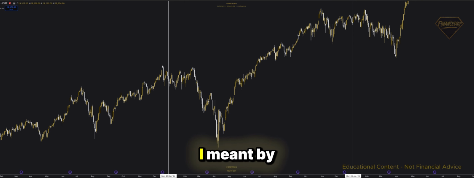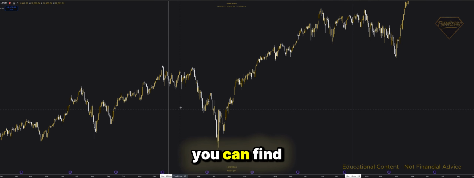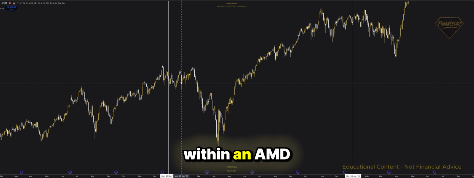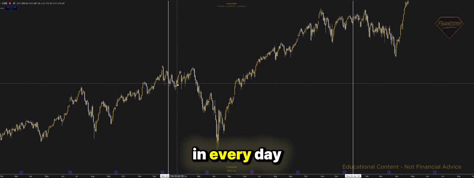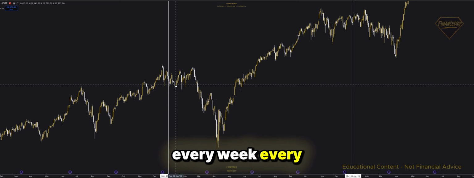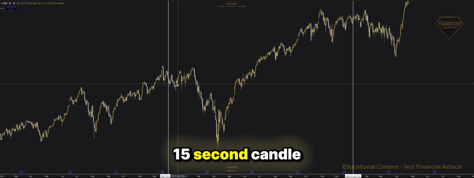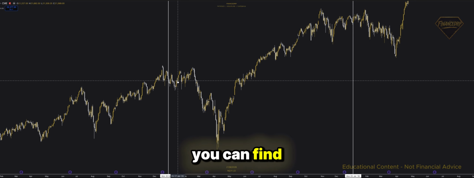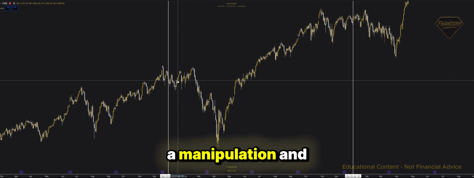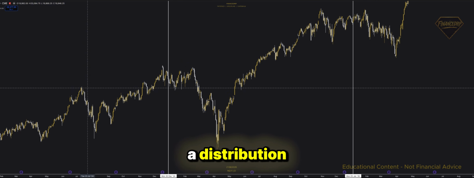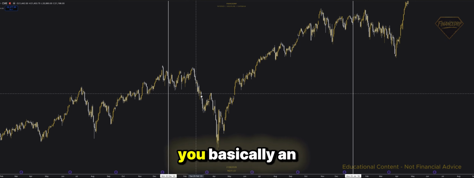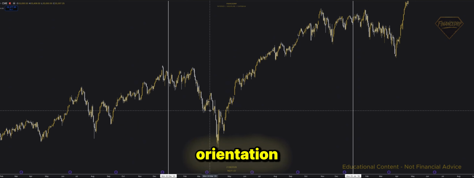And that's what I meant by you can find an AMD within an AMD. You have it in every day, every week, every hour, and even on a 15-second candle, you can find an accumulation, a manipulation, and a distribution. So AMD gives you basically an orientation to find your bias and where you're at in market structure.